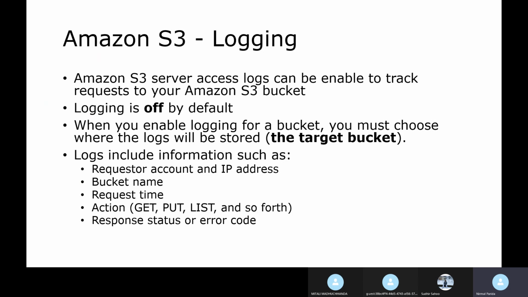Those things can be tracked, so logging should be enabled so that any operation on your S3 bucket will be tracked and logged. For that you need to enable logging, and you have to create another bucket where your logs will be stored.